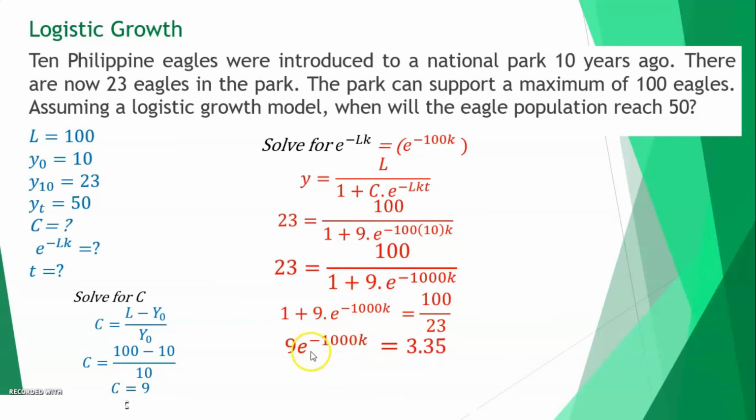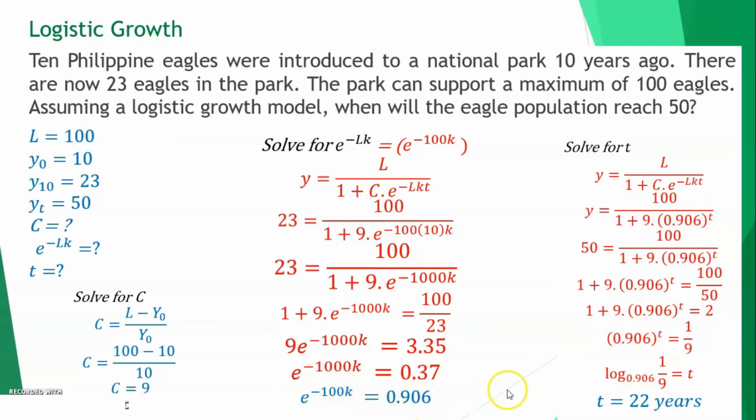So 9 e to the negative 1000k. 100 divided by 23, then minus 1, we will get 3.35. So e to the negative 1000k would become 0.37, or e to the negative 100k would become 0.906.